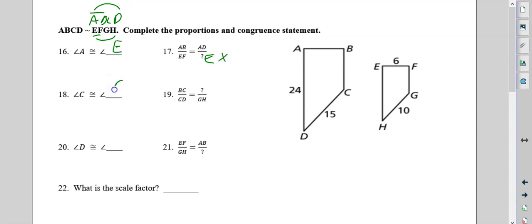C corresponds with G. All right, BC. BC is right here. That corresponds to CD right there. So the middle two to the last two. That means the middle two to the last two. FG over GH.